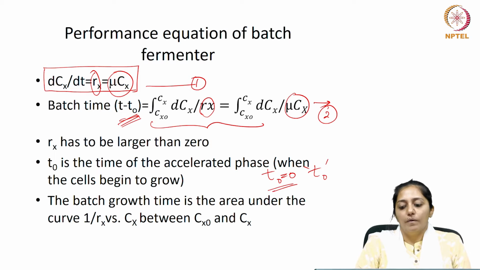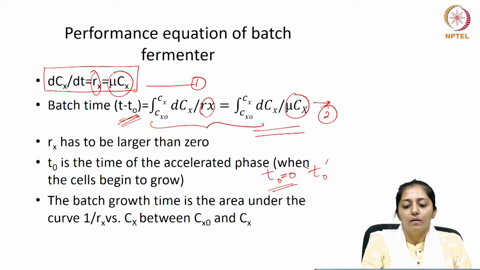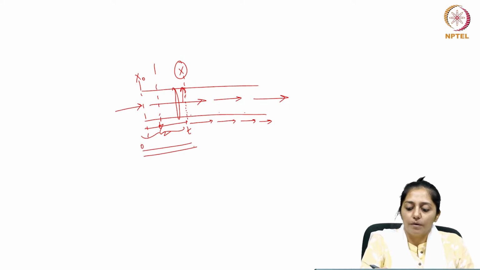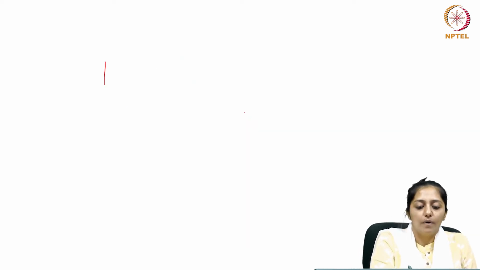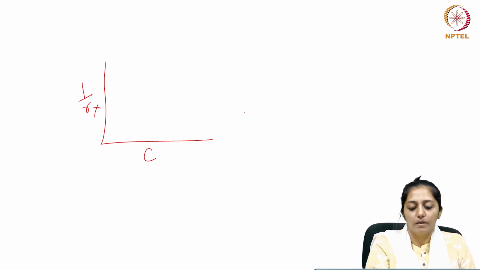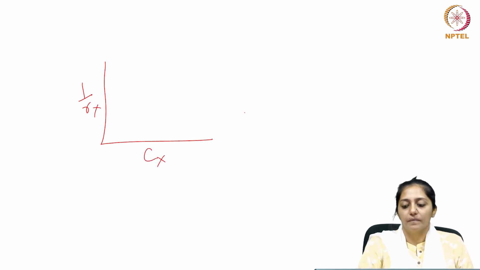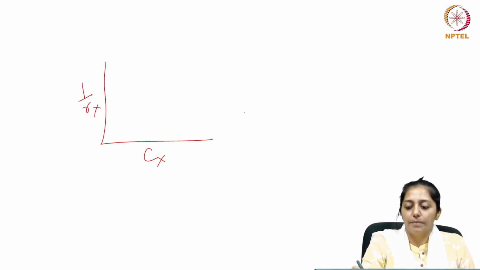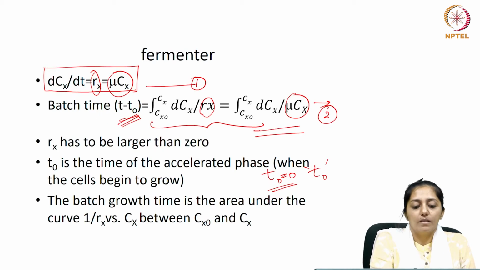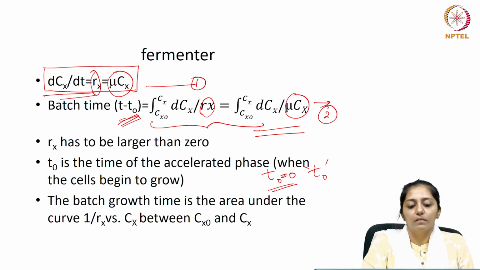Now, if you see equation 2, and if we make a plot of 1 by Rx versus Cx. So if you remember the previous equation, it is dCx by dt equals Rx, isn't it?